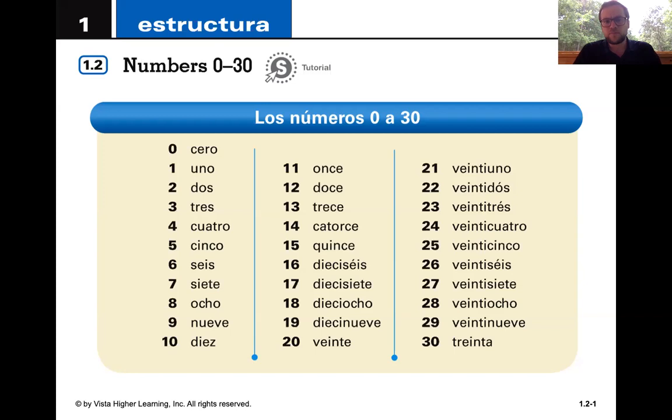Okay, muy bien. We have 1, 2, 3, 4. A lot of these look like words that we've seen before in English, right? If you think about your tricep, 3 almost even looks like 3 in English. If you look at number 4, it's like a quarter almost, cuatro, right? Which is a fourth.